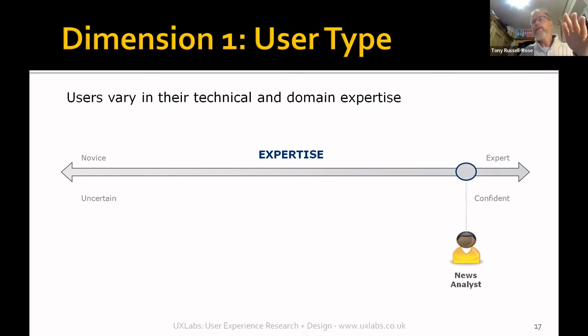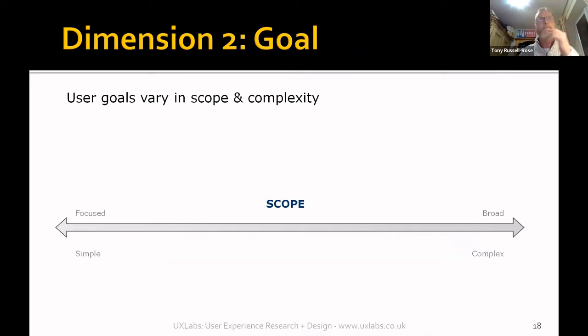You might find you've got professional users at one end who are expert and confident, or casual subscribers or casual users at the other end, whom you might want to convert into subscribers, who are novice and uncertain. And again, same question: who are your users? How are you categorizing them? Where do they sit on this spectrum, and what's the priority?